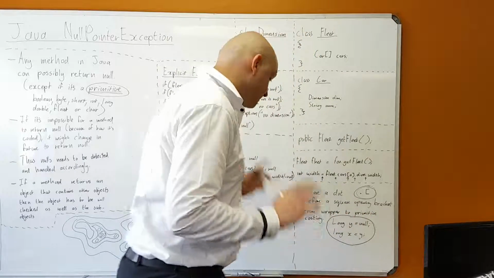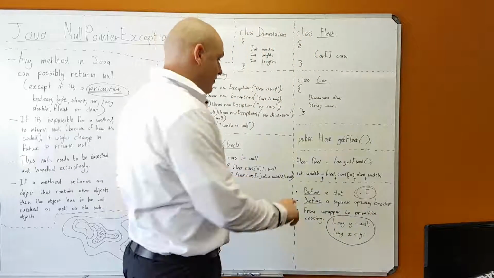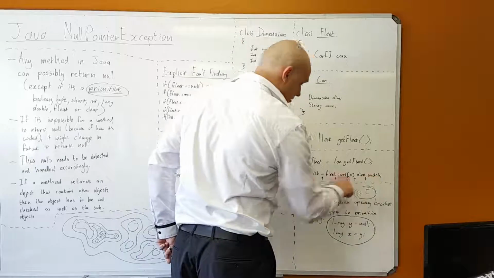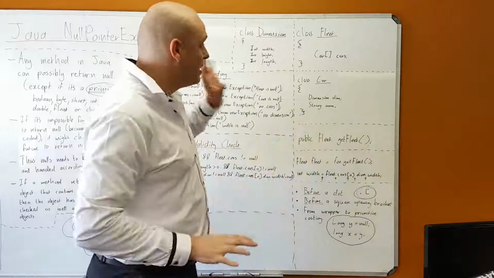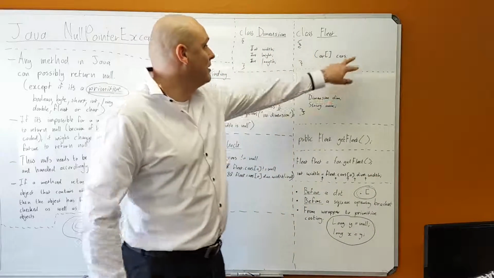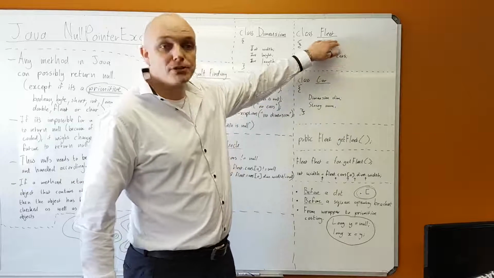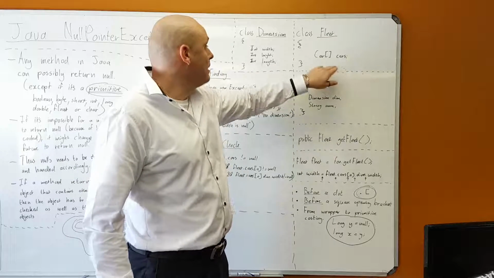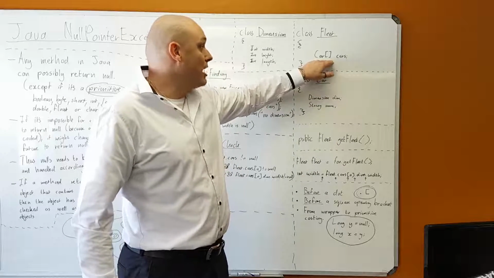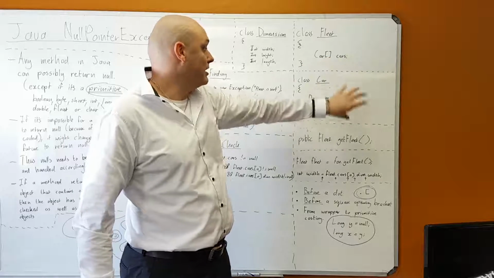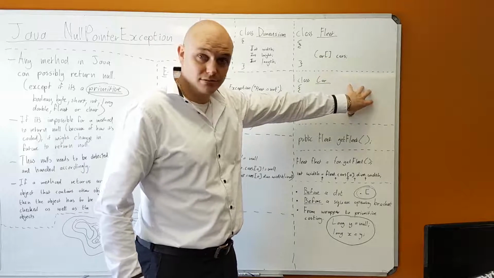So I've got a sample line here. Let's quickly go through the classes. We've got three classes. Fleet is the topmost class, it's a container. Inside it there's an array of cars, and there's the car class.